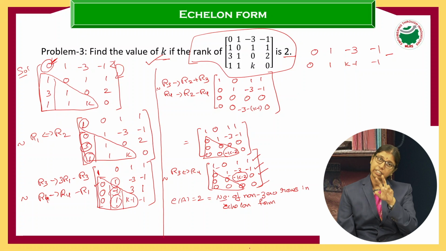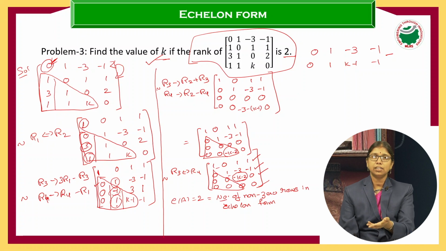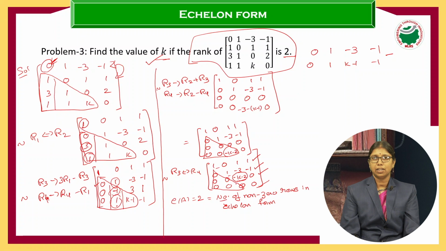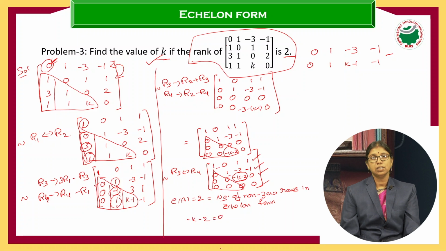But we need only 2 non-zero rows. So what we have to do? If this minus k minus 2 is equal to 0, then definitely you will get 2 non-zero rows. The rank of A equal to 2 is possible if minus k minus 2 equals 0. So the value of k is minus 2.